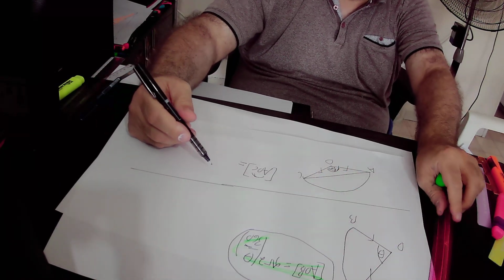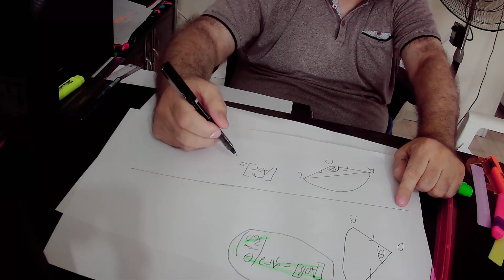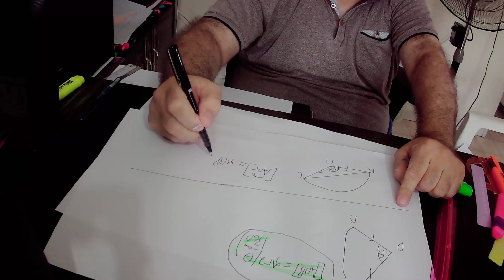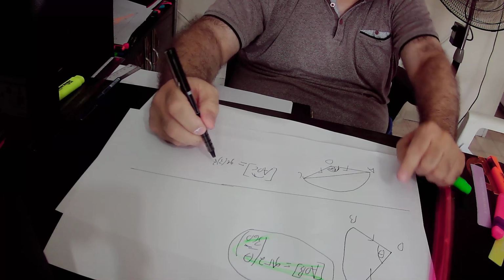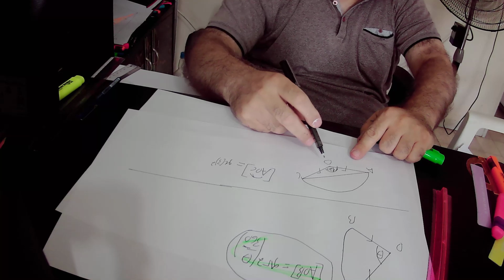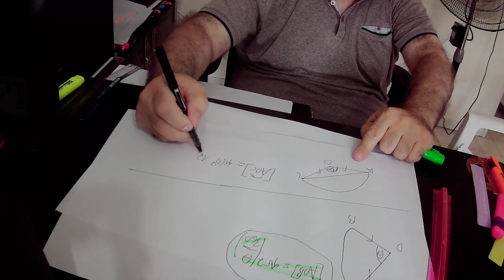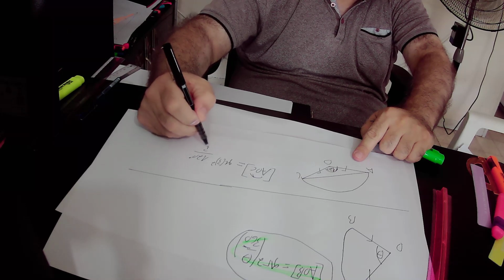R equals 3, therefore pi r squared is pi times 3 squared, times theta, the angle between the legs of the sector. The angle between the legs of the sector is 120 degrees over 360 degrees.